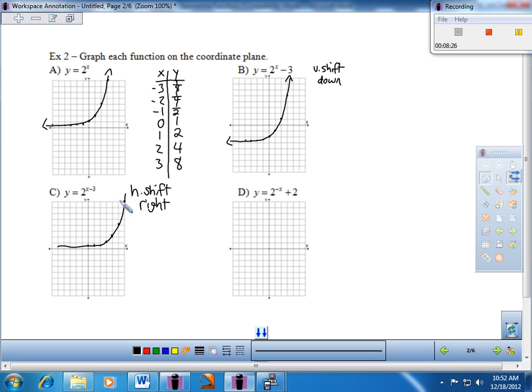So something like that. Probably could have done a little nicer job on this end, getting closer and closer to 0 there, never going to quite touch. And we'll talk about that piece going forward. But it looks like I do have a horizontal boundary line right there. I had one up on the original, same spot. And on this one, I had a horizontal boundary line that moved down 3 units.